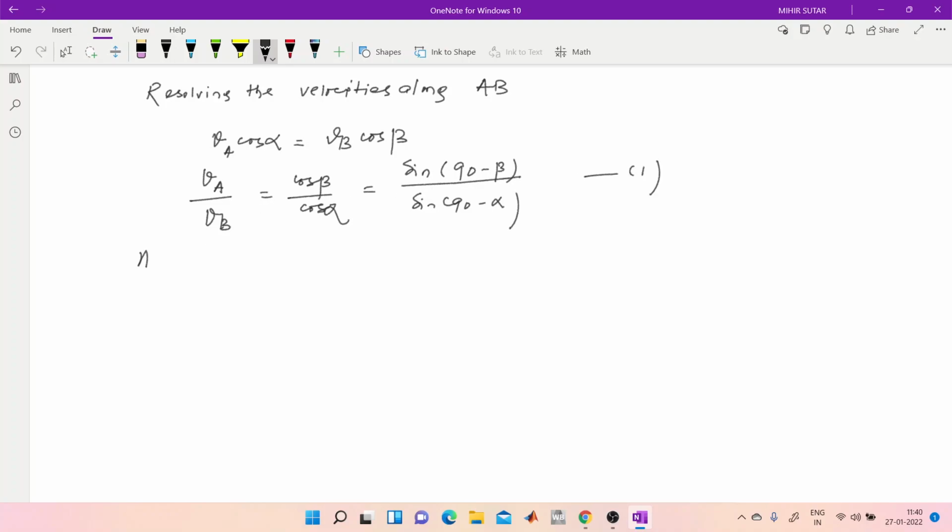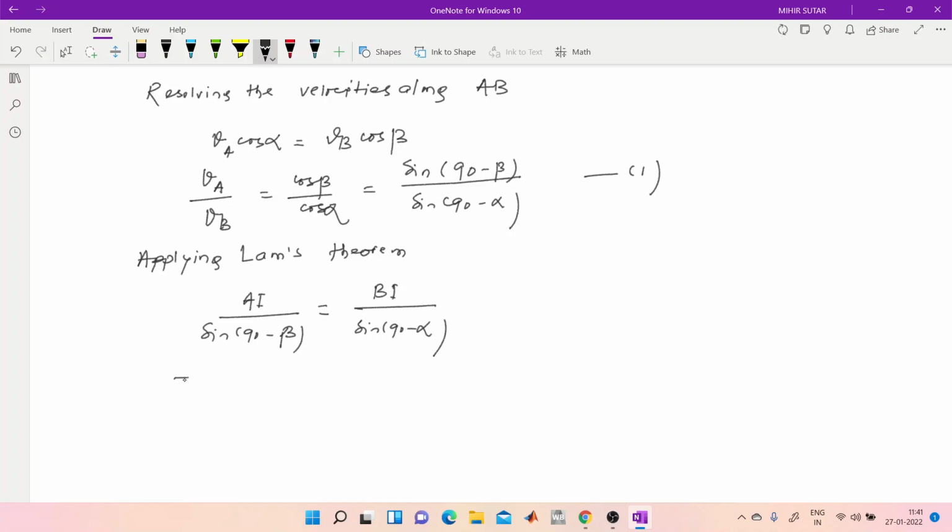Now applying Lami's theorem, from the geometry you can see AI by sin(90 minus beta) is equal to BI by sin(90 minus alpha).